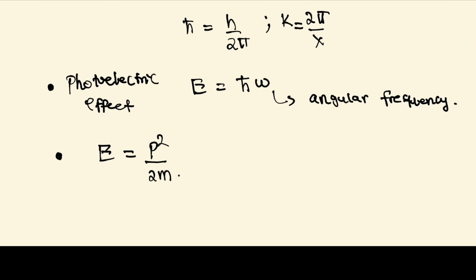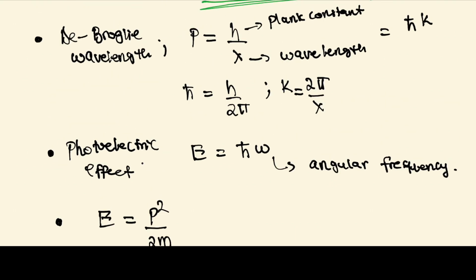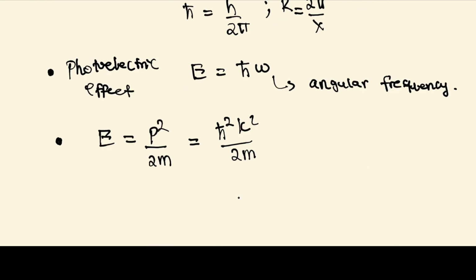Then, using our earlier relation from the de Broglie wavelength, we can write the energy as h bar squared k squared over 2m. The reason we are writing this equation is that we are drawing inspiration from the correspondence principle, which means that at some limit, whatever theory we develop should be similar to our classical results. Using this inspiration, we are going to work with this equation.